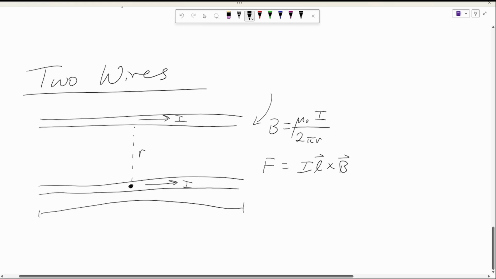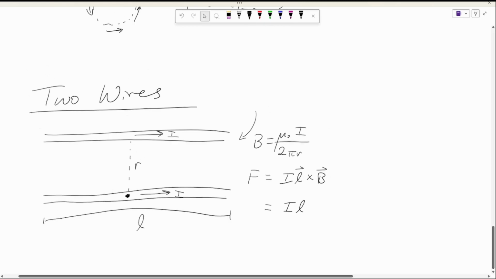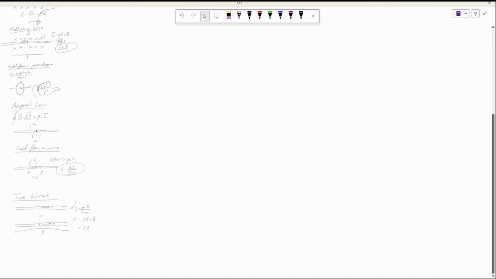We'll just call it length L. So this is IL times the cross product. We just need to take a second to think about which direction everything points. If you use the right hand rule, the curly one, I shall copy and bring it down.